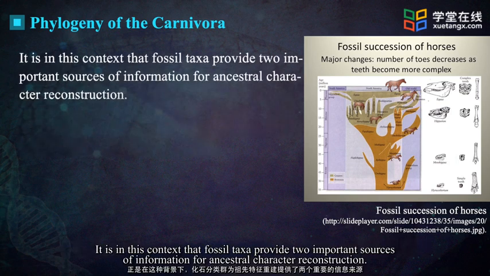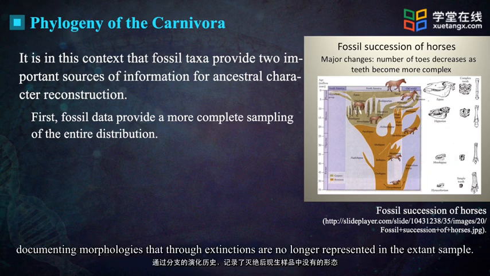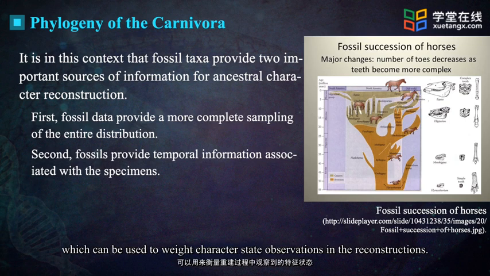It is in this context that fossil taxa provide two important sources of information for ancestral character reconstruction. First, fossil data provide a more complete sampling of the entire distribution of character states through the evolutionary history of a clade, documenting morphologies that, through extinctions, are no longer represented in the extant sample. Second, fossils provide temporal information associated with the specimens, which can be used to weight character state observations in the reconstructions.